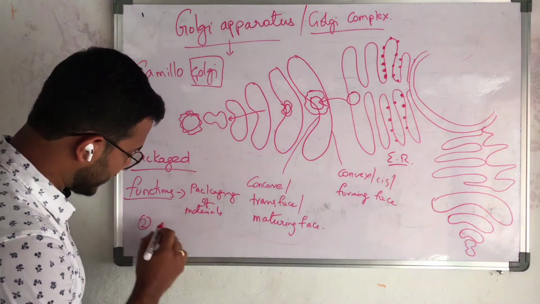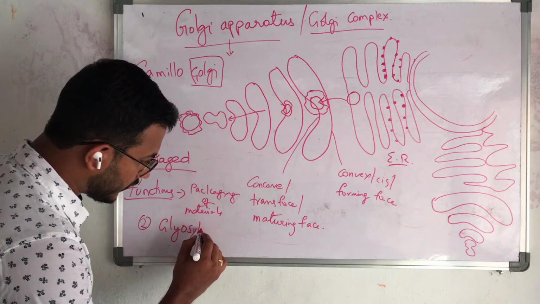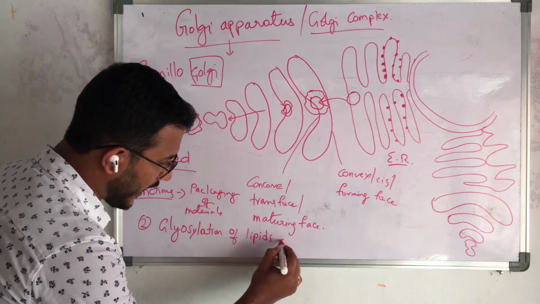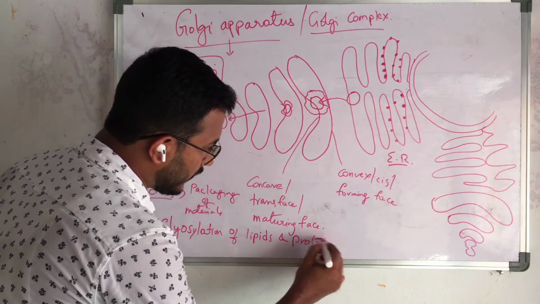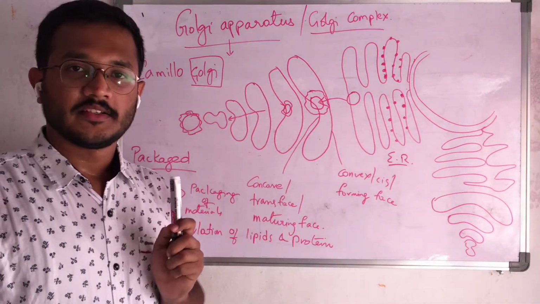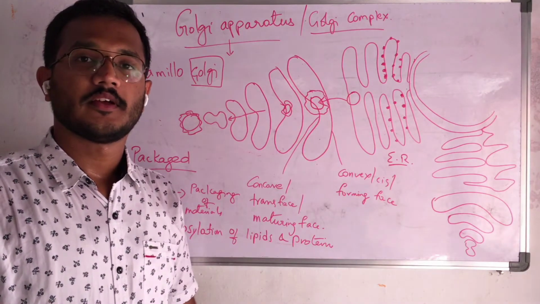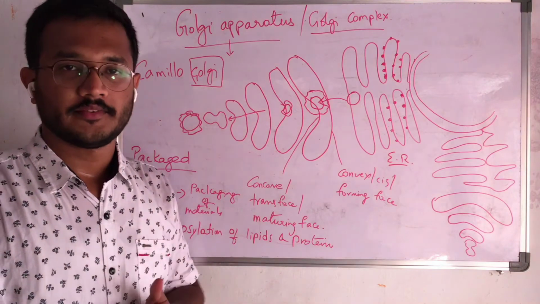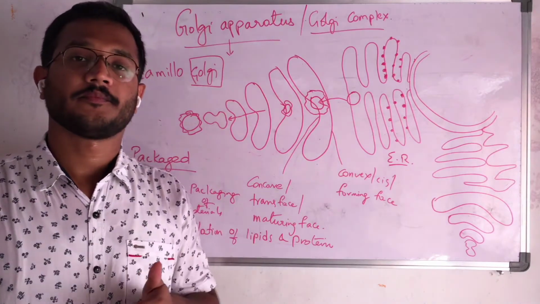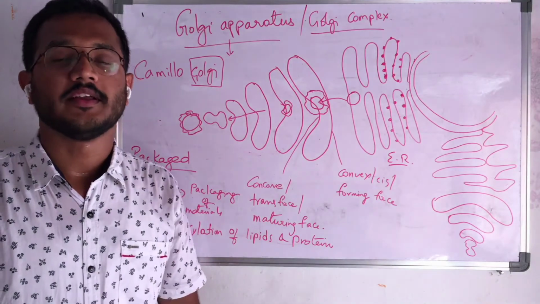And the second function is glycosylation of lipids and proteins. In the rough endoplasmic reticulum, proteins are synthesized, and in the smooth endoplasmic reticulum, lipids are synthesized. If they are not covered by another structure, they cannot survive much longer in the cell.